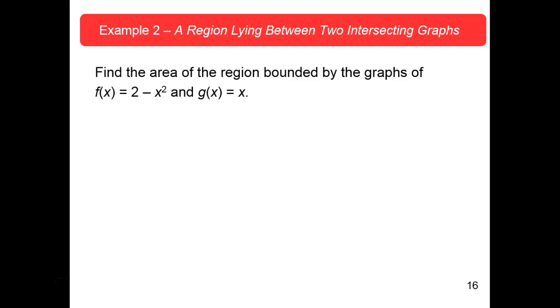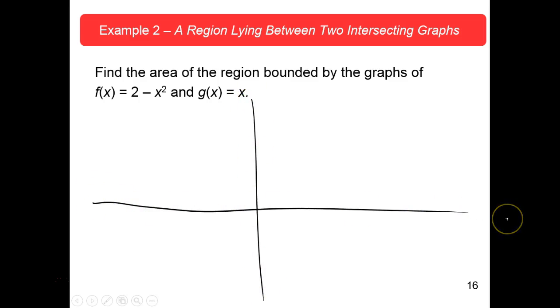Since we have no clue what we're dealing with here, let's just draw the graph in the middle of the page. Let's get f of x graphed. What can you tell me about f of x? It's a parabola, that's one thing. It's opening downward, so there's a really good shot that this is going to be the one on top. But we don't know that.